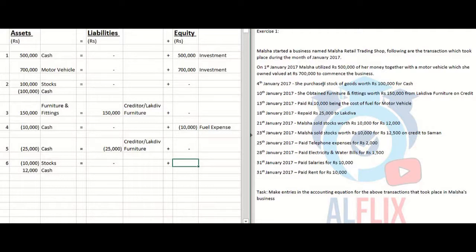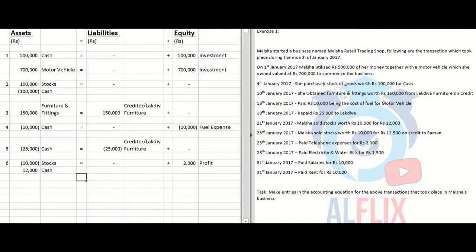So as we discussed in the previous video, when a company or a business makes profit, it has an effect on equity, which is an increase. So here, since the business made a profit of 2,000, this will increase the equity by rupees 2,000 in terms of profits.